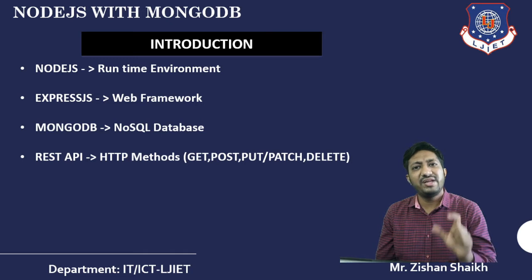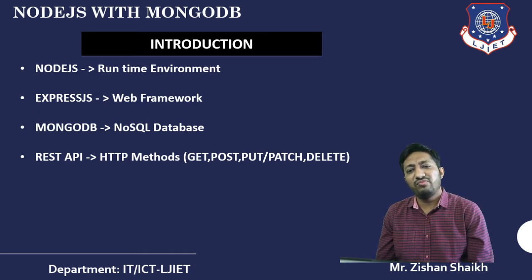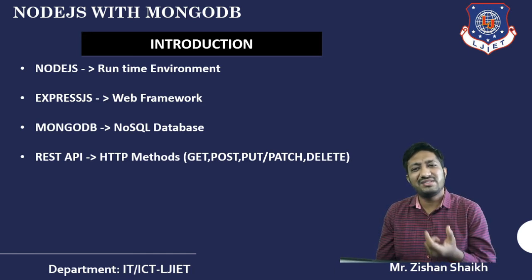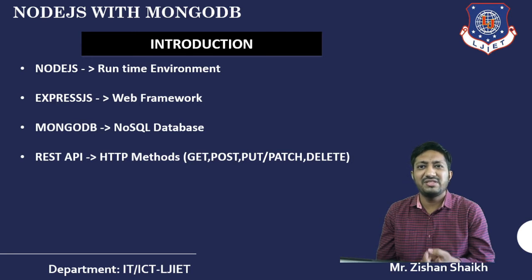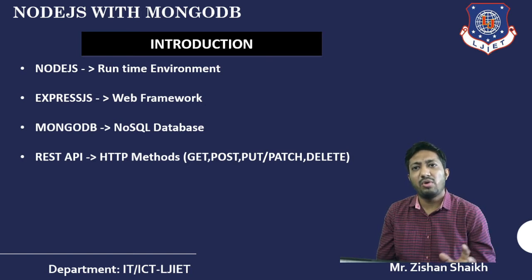But if you want to change a specific attribute, then we go with the patch method. The working of put and patch is slightly different, but the purpose is clear: to update something. The last one is delete. So we are following CRUD operations with the help of our REST API.